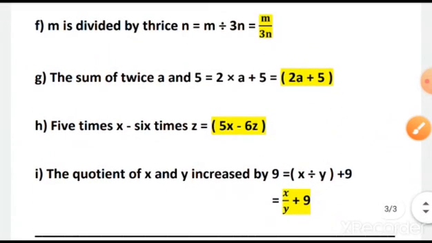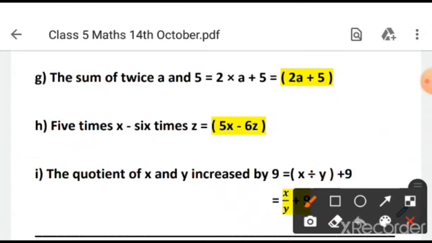Next, the quotient of x and y increased by 9. So here students, we have the word quotient. So in the word vocabulary chart, I have taught you that the word quotient will stand for division.